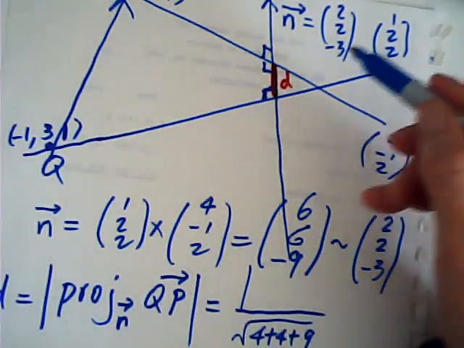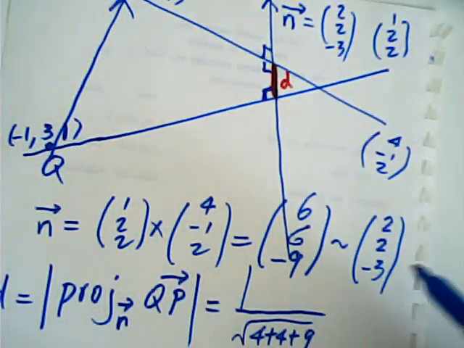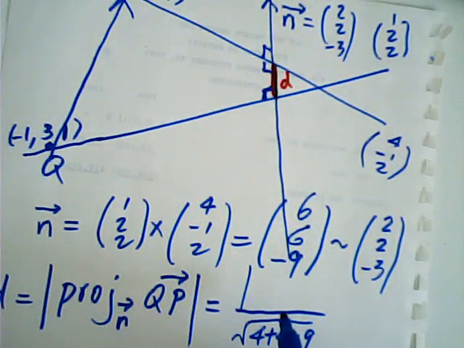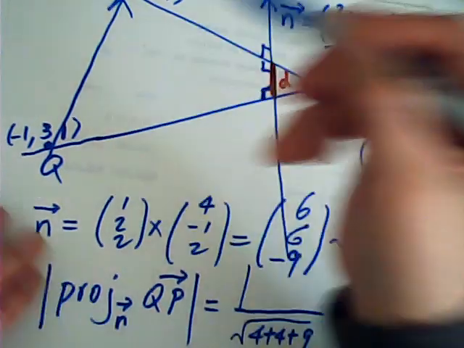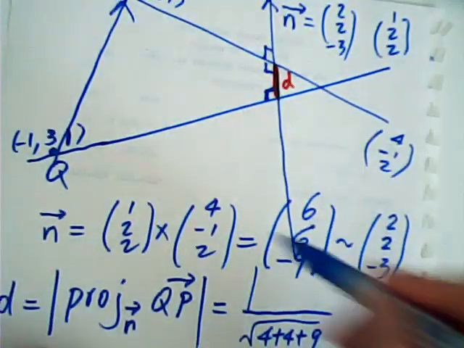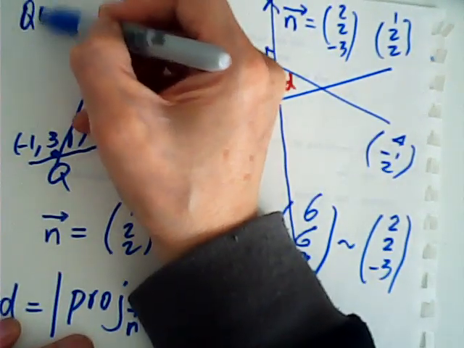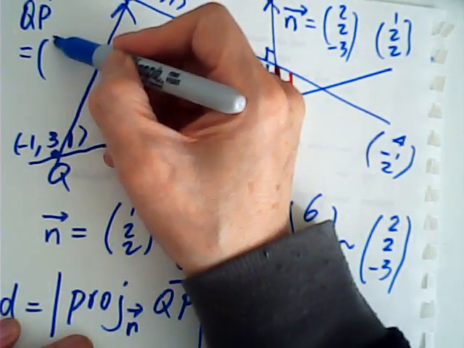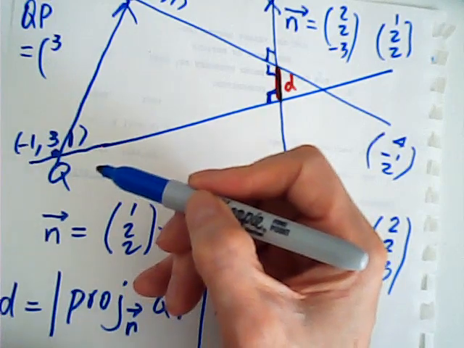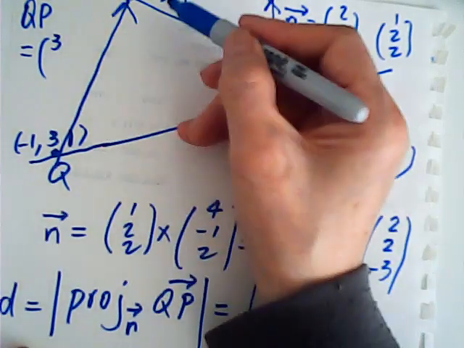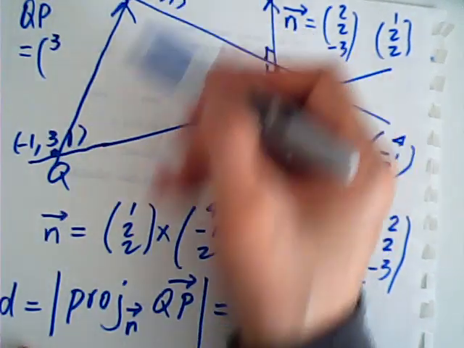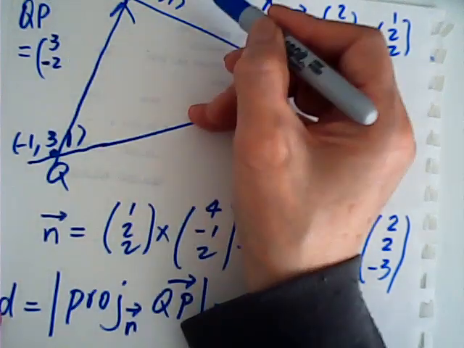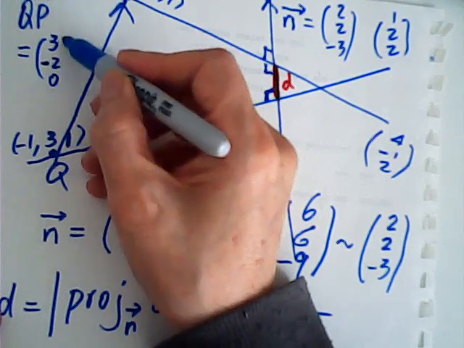This is QP, right? Where is the QP? QP is equal to this minus this one is 3. This minus this one is minus 2. And this minus this one is 0.